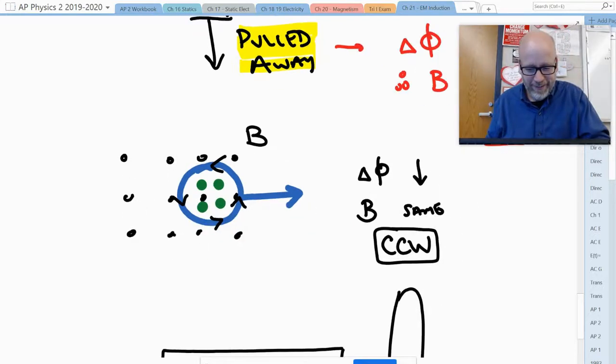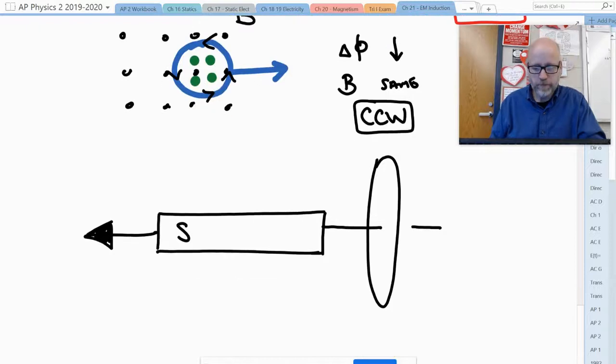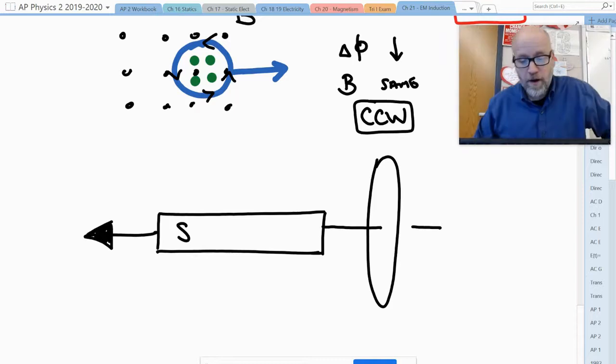Good. Let's try one more. Draw it. Go ahead. So that's the south end of a magnet being pulled away from a loop.